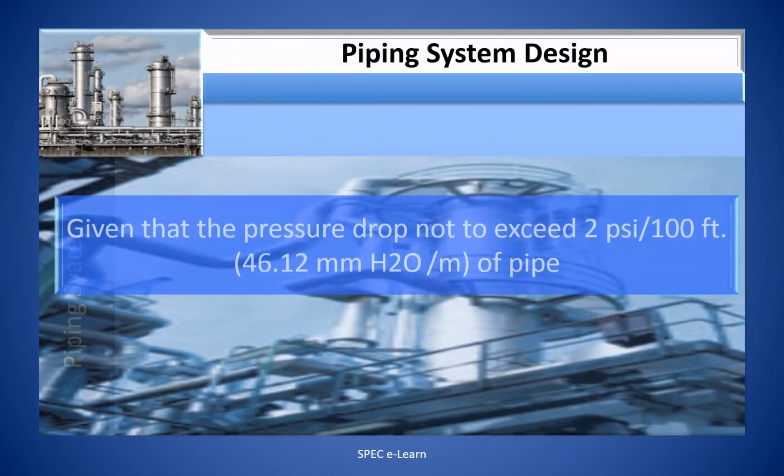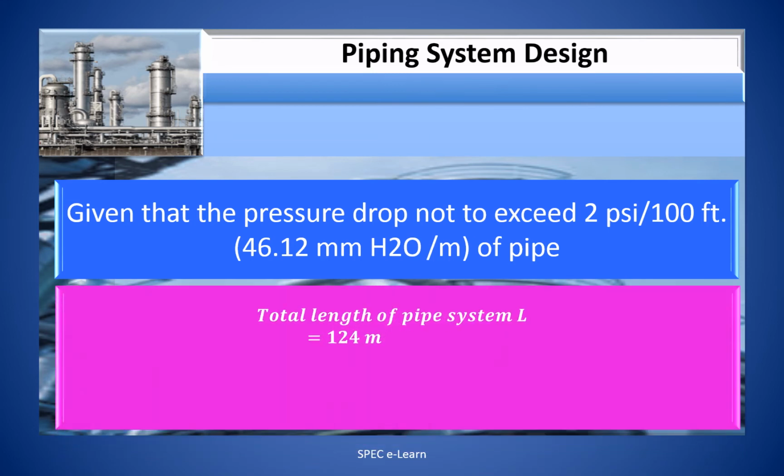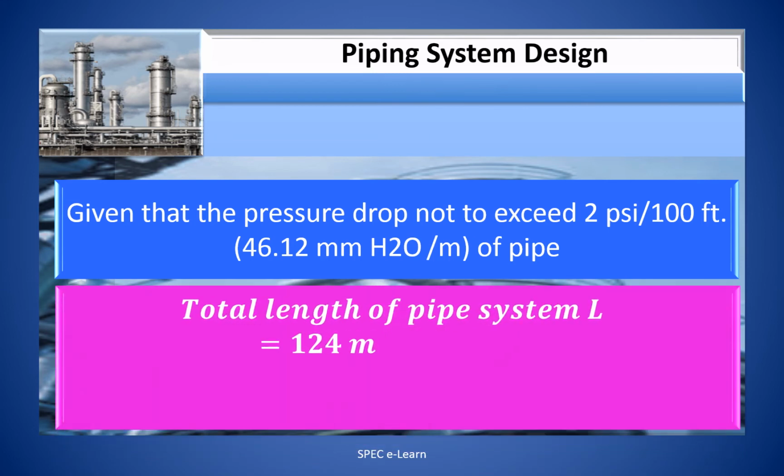Given that the pressure drop not to exceed 2 psi per 100 feet, that is equal to 46.12 mm water per meter of pipe. The total length of the pipe L is equal to 124 meter. So the HF equal to 46.12 times 124, that is 5.72 meter.